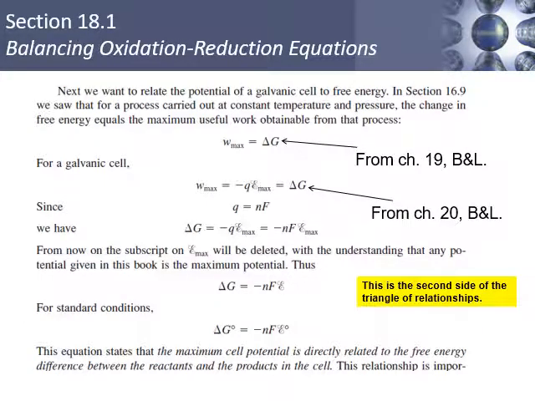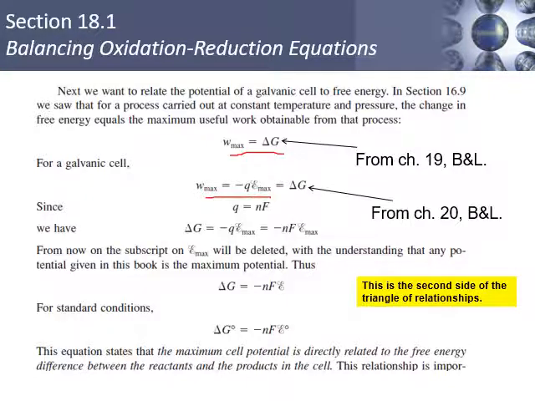So this is what I promised we would do next. From chapter 19, remember we said that the maximum amount of work would be the change in free energy, but we have to have a negative sign on one of the sides because they're going in opposite directions. So we can rewrite this as what we said for the cell just a couple of slides back.